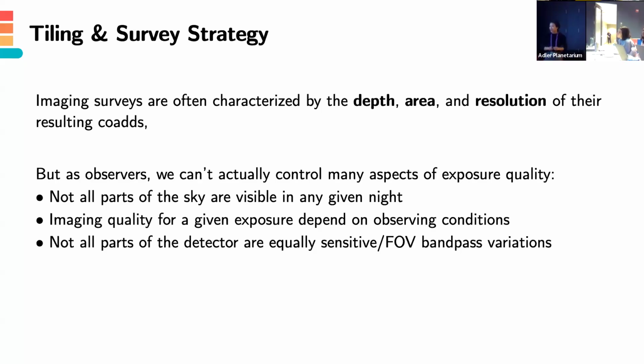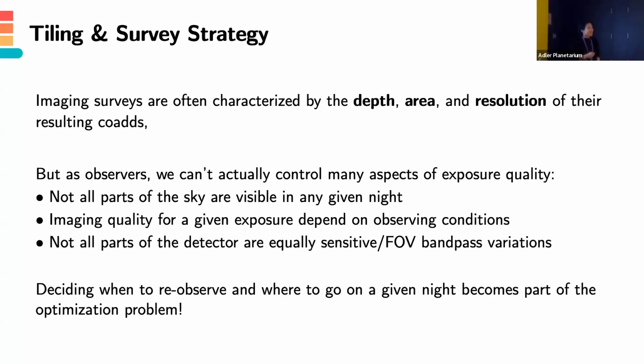And as we've discussed previously, not all parts of the detector are equally sensitive. You might have field of view, bandpass variations, sensitivity variations. So all of these are going to go into resulting inhomogeneities in your final survey coverage.